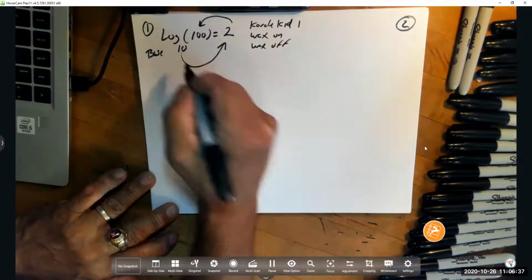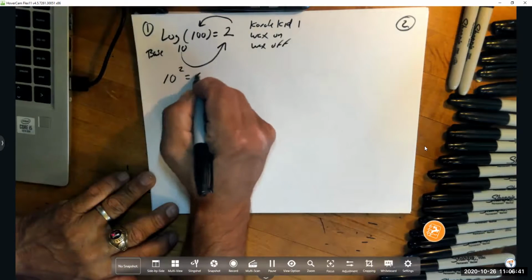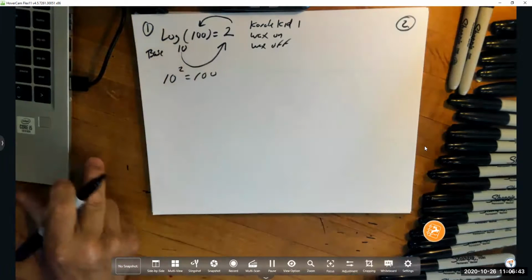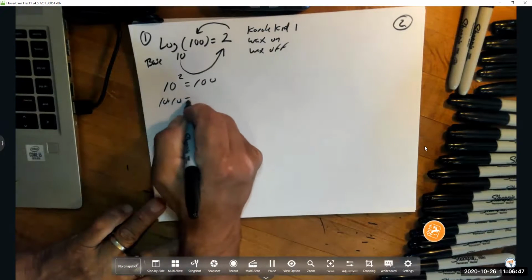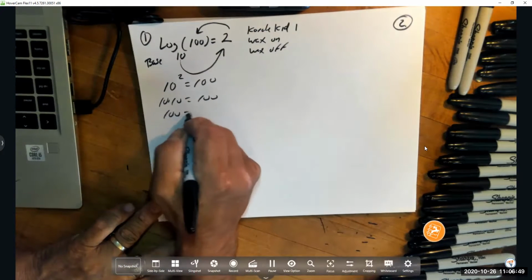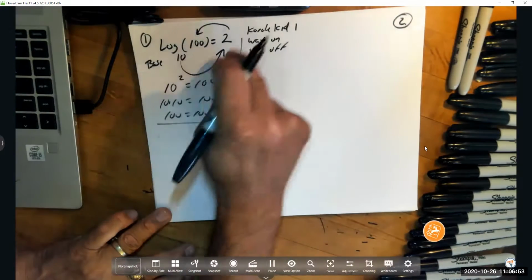So this number to this power is this. 10 to the 2 is 100. So 10 times 10, is that going to be 100? Let's see, 100 is exactly 100. Yes. So 10 to the 2 power is 100.